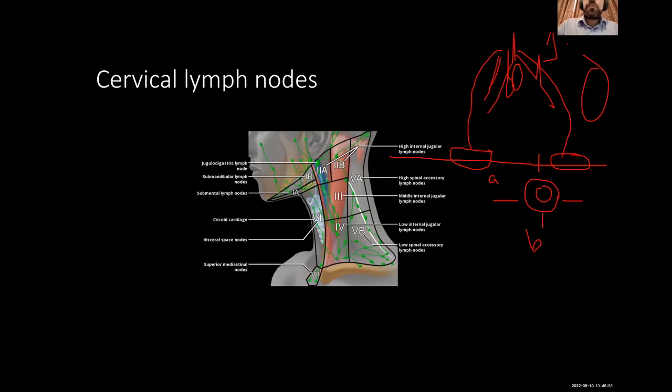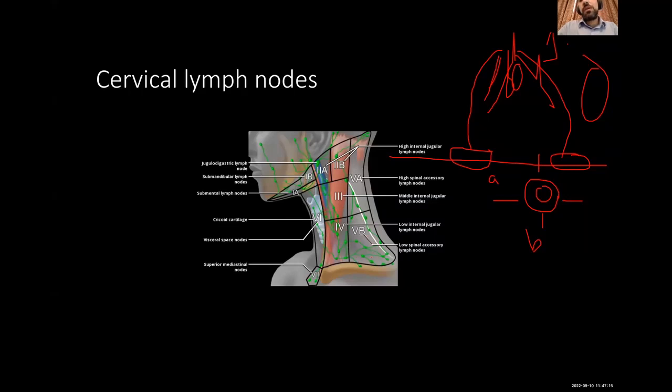Level 2 from level 1 anterior to the submandibular gland, level 2 down to the hyoid bone, then the cricoid level 3, and then to the sternum, to the clavicle is level 4.